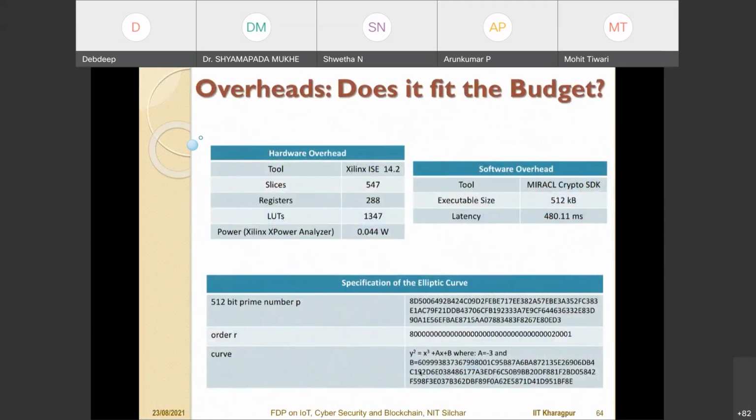So finally, we also do a detailed analysis to ensure that the power budget and the other resources are properly mitigated. The overall latency of this protocol is around 480 milliseconds, and it is implemented on a 512-bit prime, which is as per the standard specification of an elliptic curve.